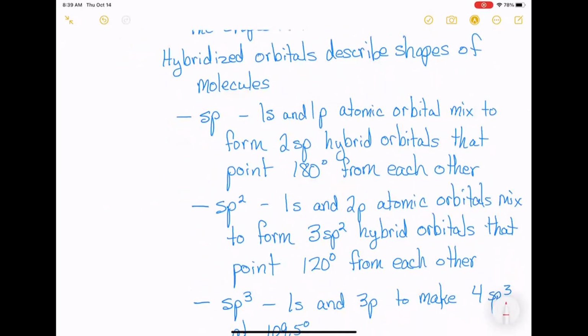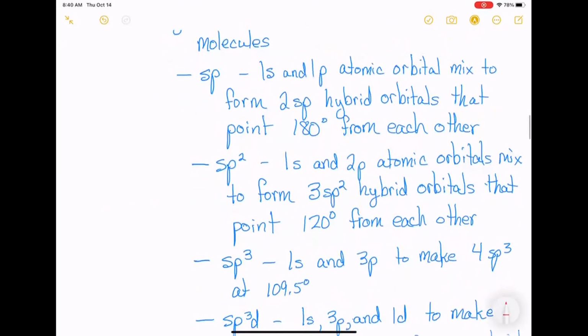sp2 would mean that we combine one s atomic orbital and 2 atomic p orbitals to form 3 sp2 hybrid orbitals. The 3 orbitals, when they are made, are going to point towards the corners of the trigonal planar molecule, and that makes them 120 degrees apart.